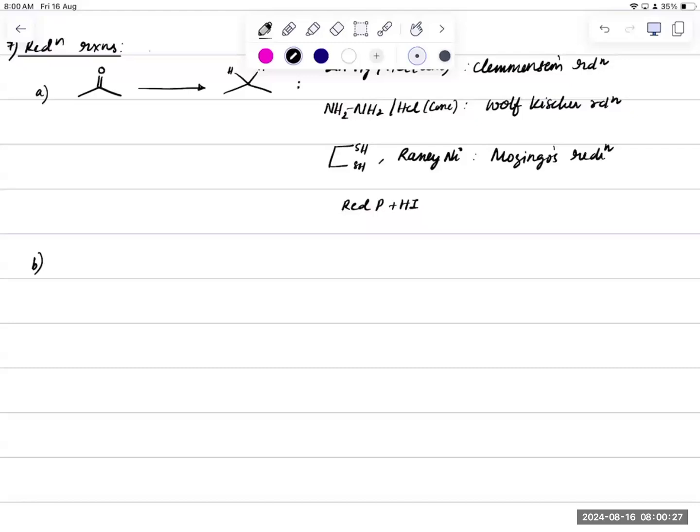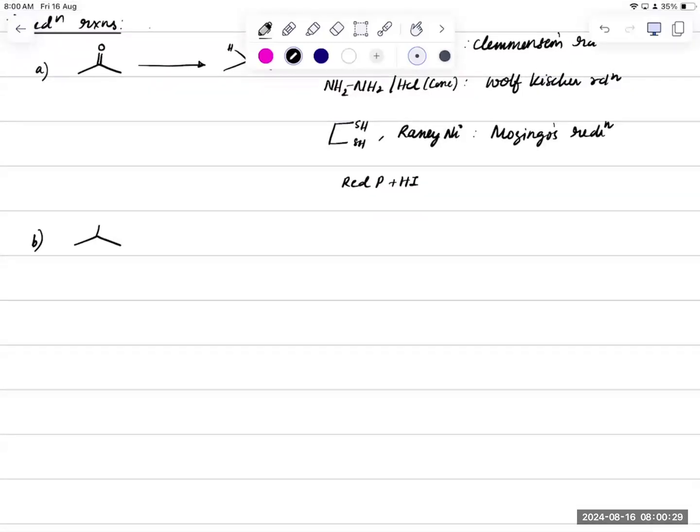If you do not want to get this, rather you want to get to the alcohol, then mainly we'll be using lithium aluminum hydride, sodium borohydride, H2 over nickel or palladium. Directly we can use Raney nickel.